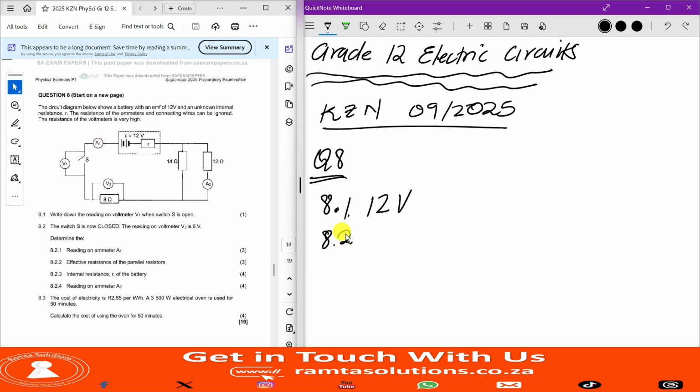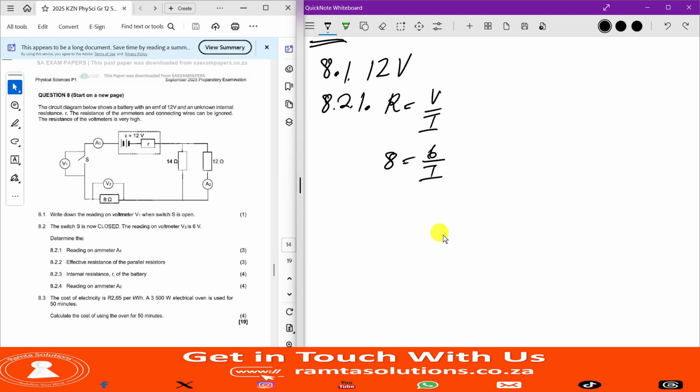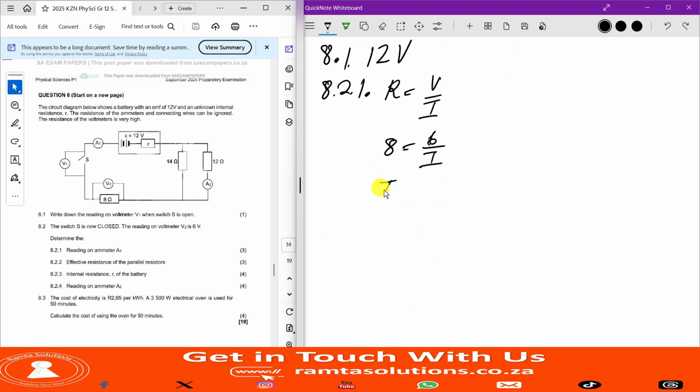All right. So let's see now. 8.2.1. We know resistance equals voltage over current. Now the resistance we're looking at here is the 8 ohm resistor and the potential difference, which is from voltmeter V2, they said it's 6 volts. The current is unknown. So proceeding, we know that current equals 6 over 8.